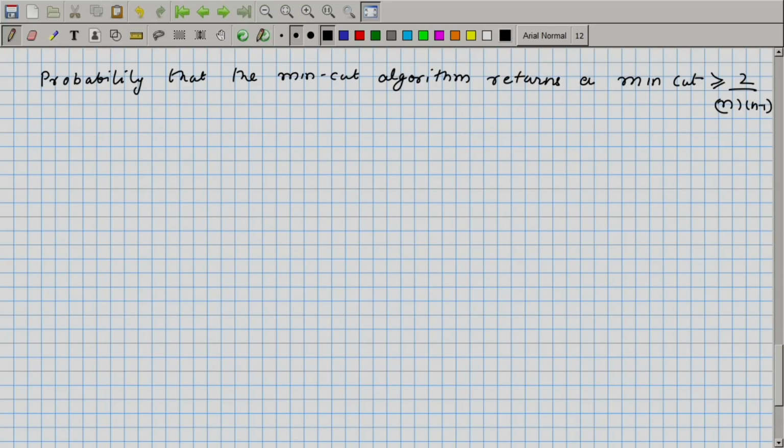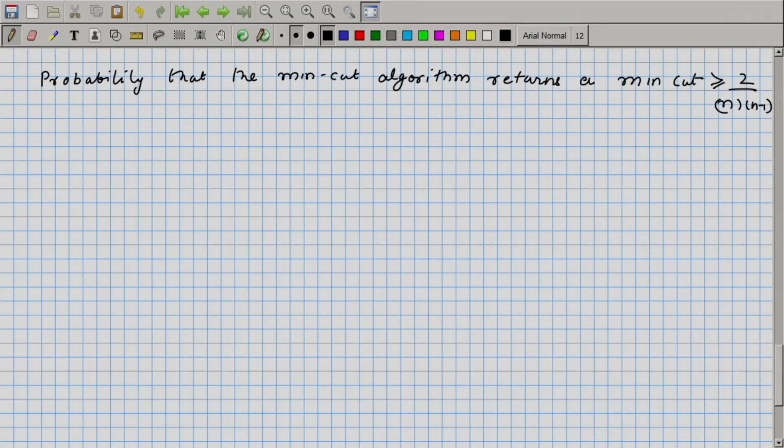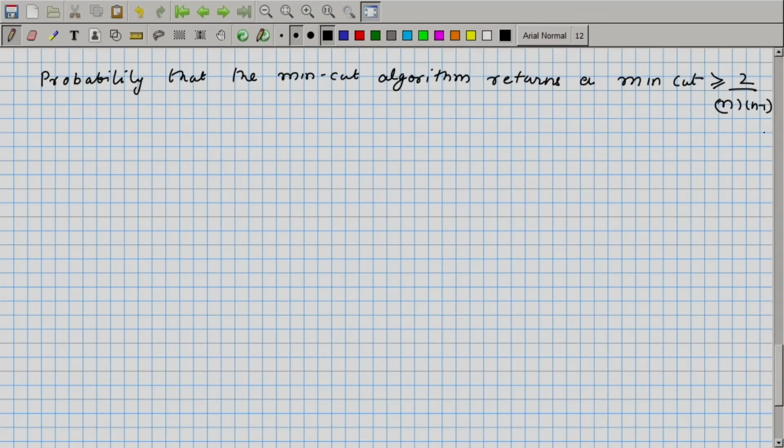Now, here is a trick that we will do always in our study of randomized algorithms. When we get a significant probability of success, here we call it significant because the denominator is only a polynomial. If the denominator was exponentially large, then we would not call the probability of success significant.